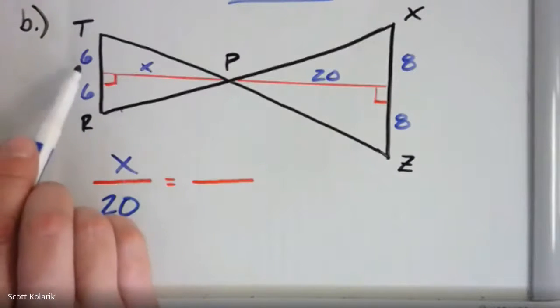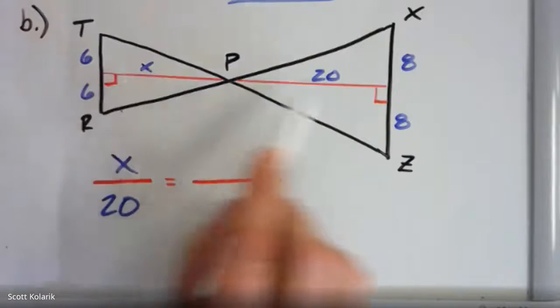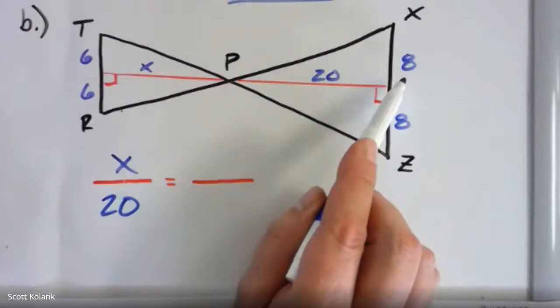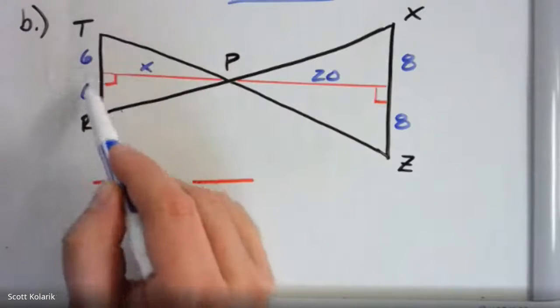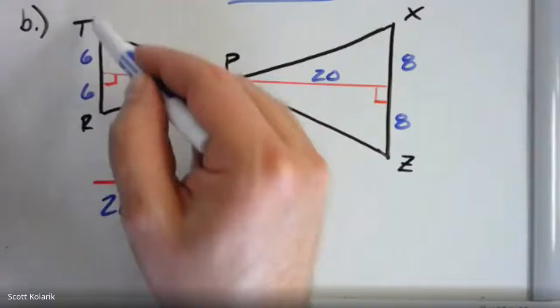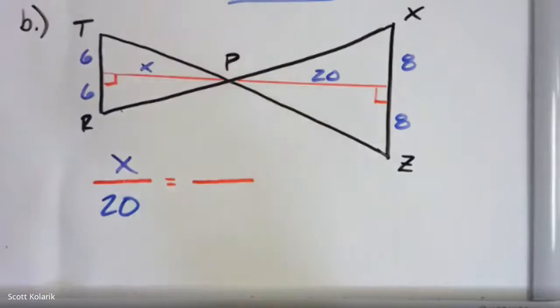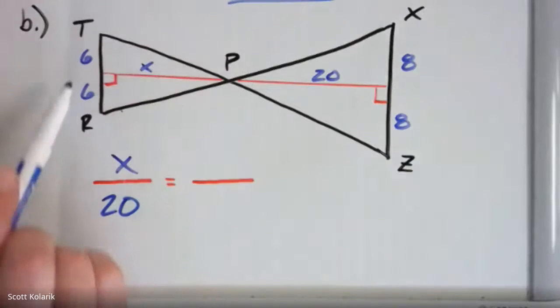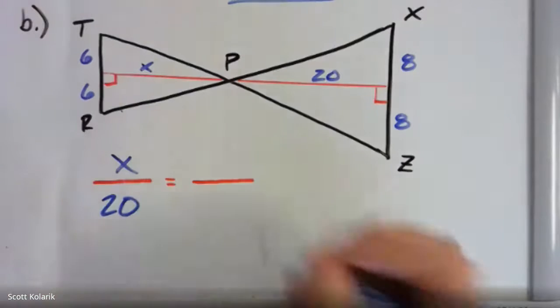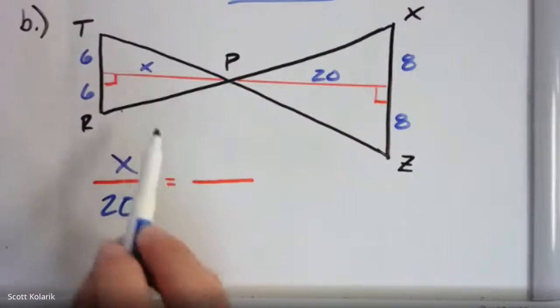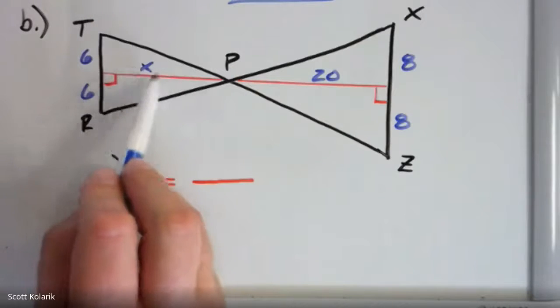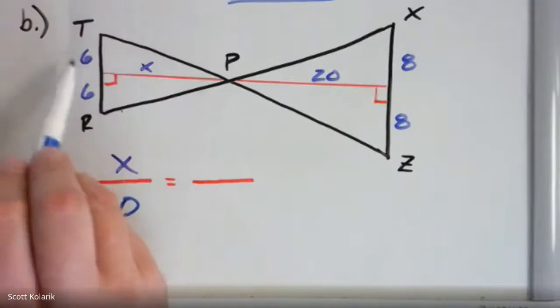So I could either focus on one of those pieces as long as I have the information about the other side, which I do, or I could take the whole side length of R to T, namely just adding those two together. This whole side length here would be 12. It doesn't matter which one I do. For the sake of smaller numbers, I'll use just the 6. So again, the numerators have to be in the same triangle or the same figure. So since X was in the numerator, I'll use a 6 right here.